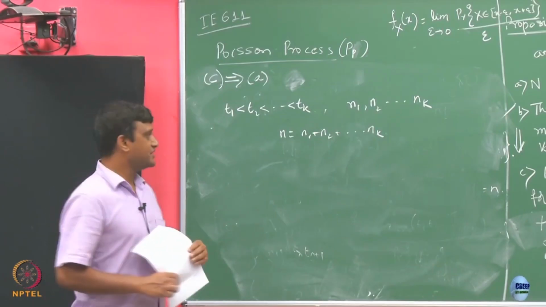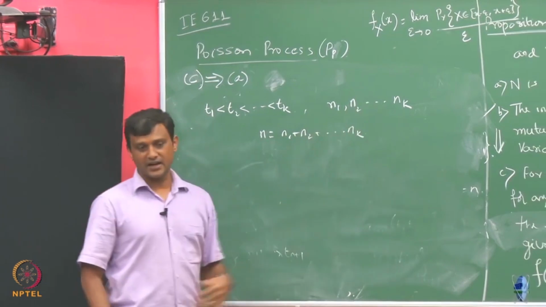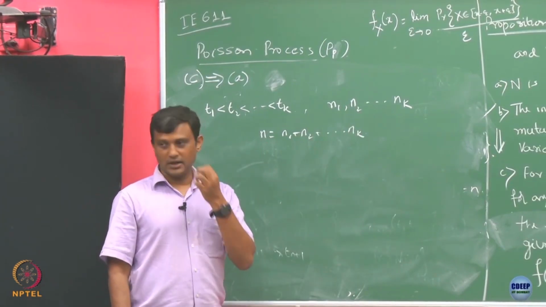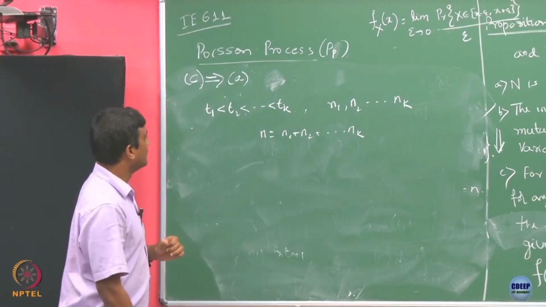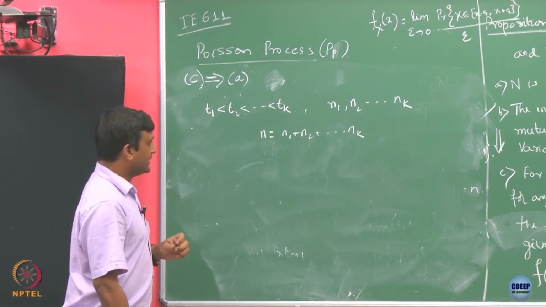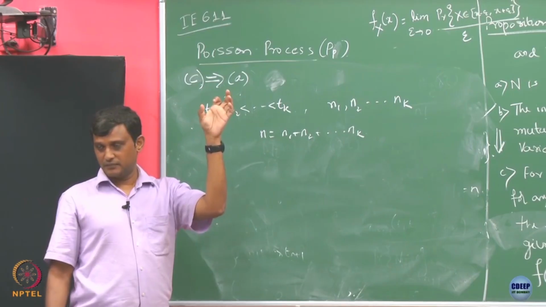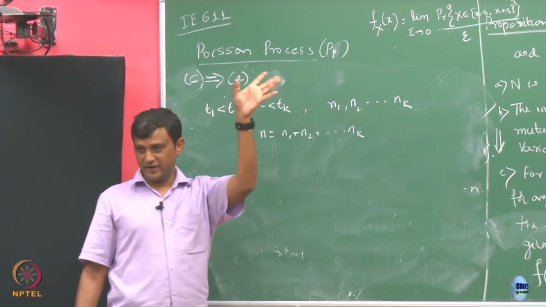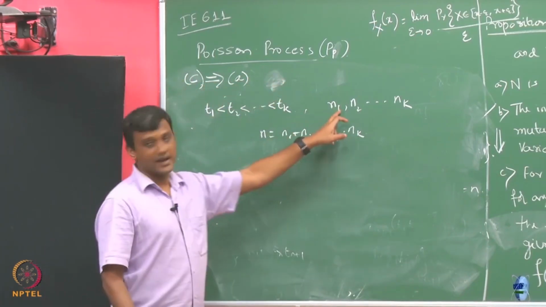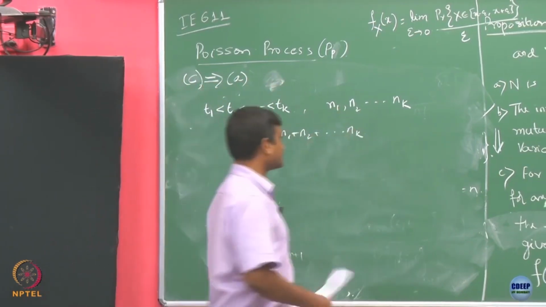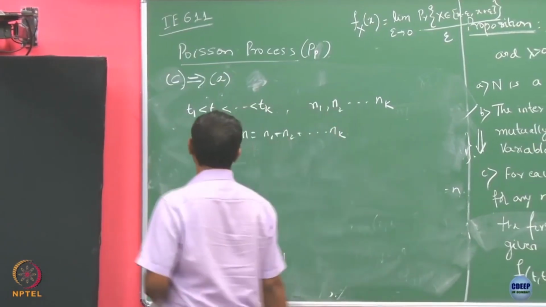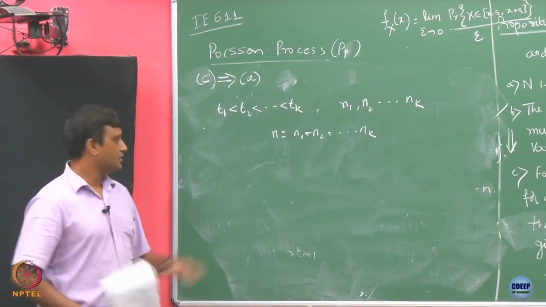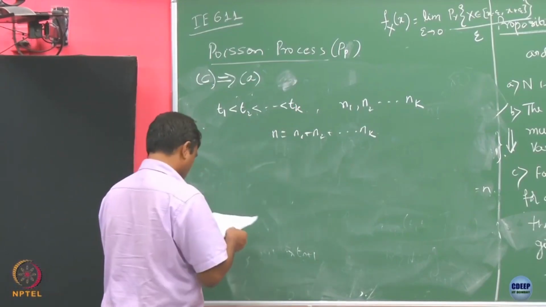Also imagine that n1, n2, nk are nothing but the number of items you want to put in the interval 0 to T1 is n1, and that between T1 to T2 is n2, like this. So I have a total of n items here, which is the sum of all these items.